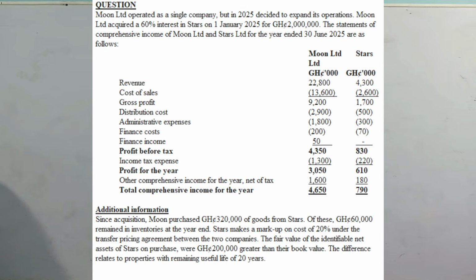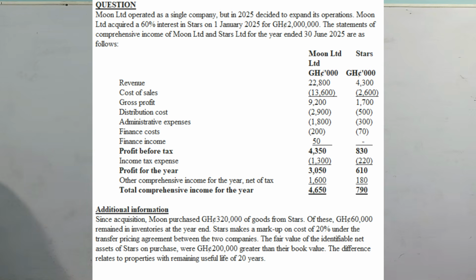So these are two financial statements, statements of profit or loss for Moon Limited and Stars Limited. You have your currency sign with 3 zeros up for each of them. Revenue 22,800 against 4,300. Cost of sales 13,600, and that of Stars is 2,600. There is gross profit of 9,200 for Moon and 1,700 for Stars.